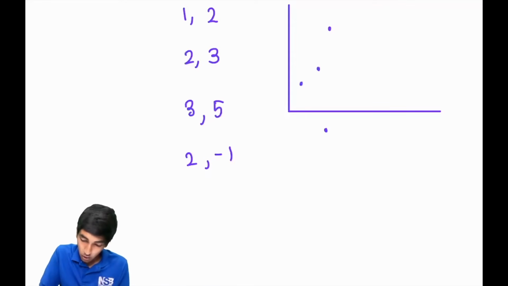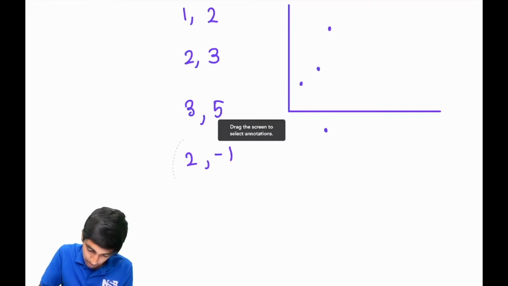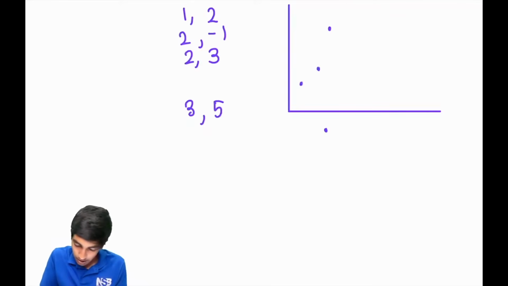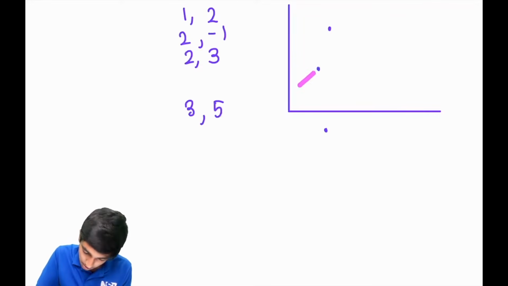In this case, the order is (1, 2), then (2, -1), then (3, 5), and then (2, 3). And that would form this quadrilateral.